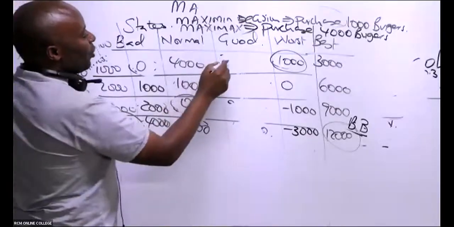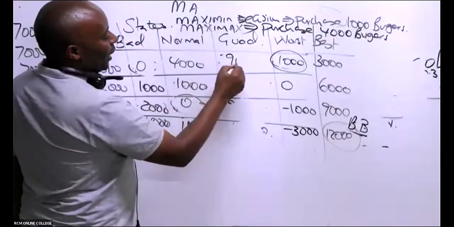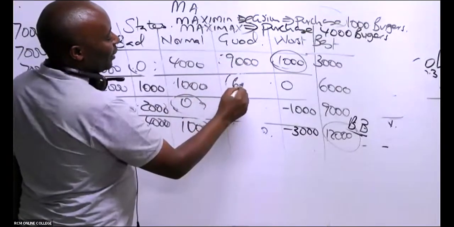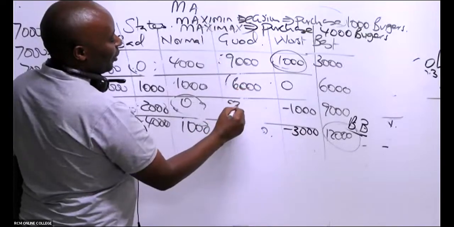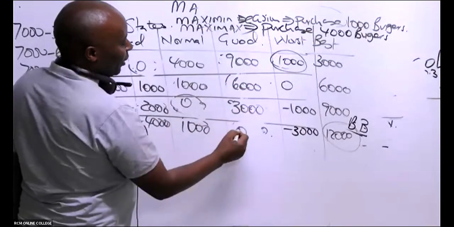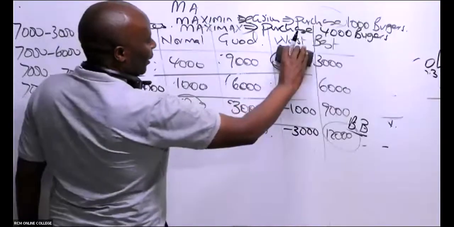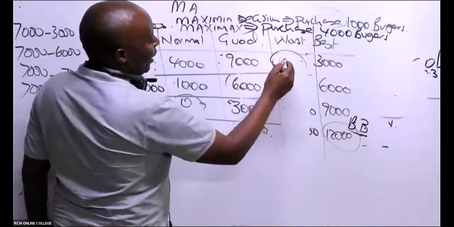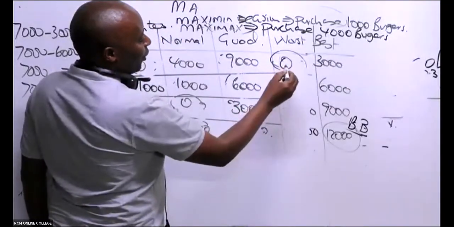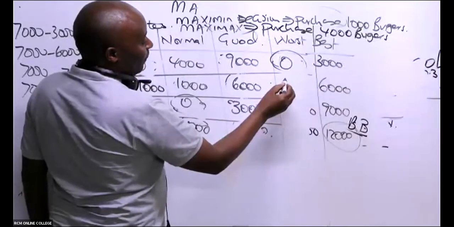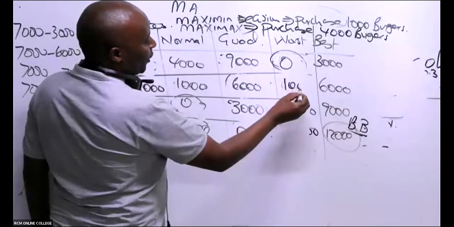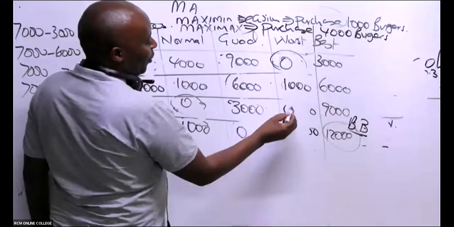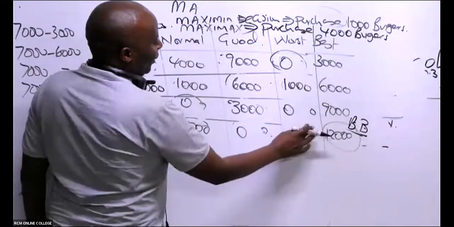So here, what number do we have? 9,000, 6,000, 3,000, 0. And then worst, what do we have here? 0, eh? 1,000, 0, 0 again.